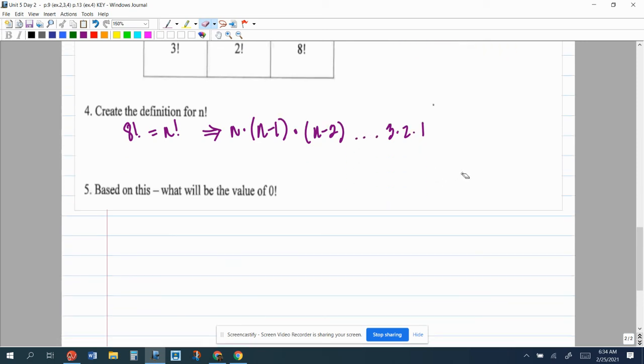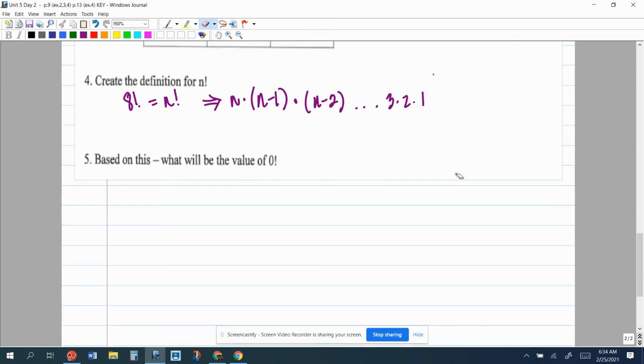And since I'm on a roll, let's take a look at number 5. What will be the value of 0 factorial? I'm going to actually clean this up a little bit. And I'm going to take out the phrase "based on this," because this is really according to the math community. We made a decision.